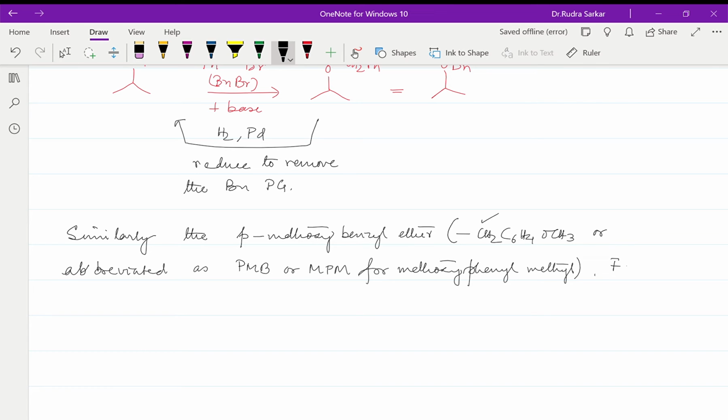So for deprotecting, we will use 2,3-dichloro-5,6-dicyanobenzoquinone, also known as DDQ.